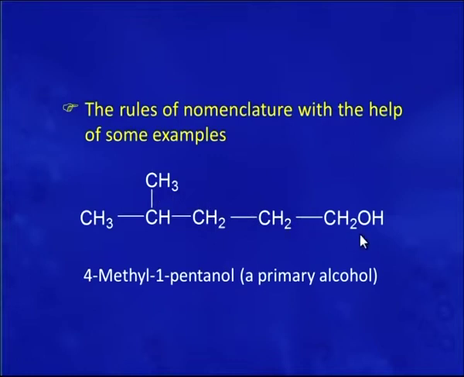But we have to give the minimum possible number to the carbon having the hydroxy group. That is why the numbering in the molecule, or we can say the longest possible carbon chain, is chosen in such a way that the minimum number goes to the hydroxy group, and position 4 gets a methyl group. That is why the name 4-methyl-1-pentanol has been assigned to this molecule.